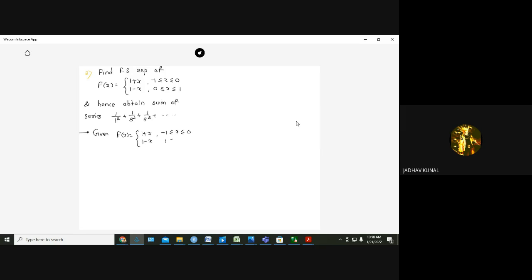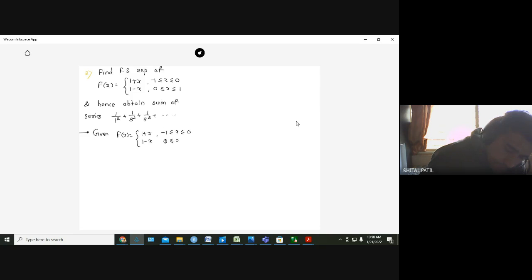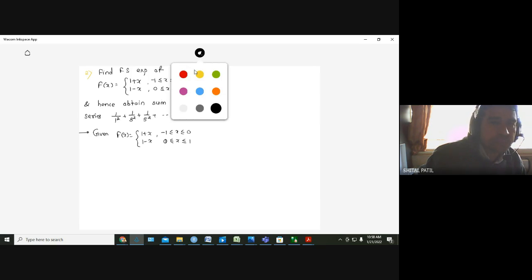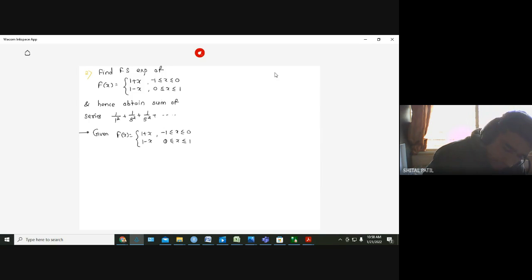Replacing x by minus x. Already we studied this example, but if it is not clear, we'll do the whole procedure once again. I have replaced x by minus x. The change is in x only. X is replaced by minus x.